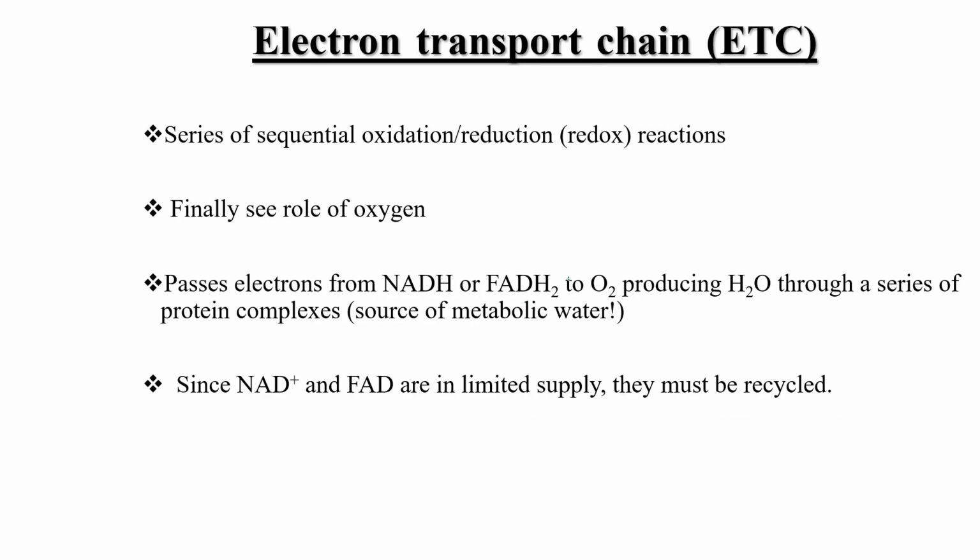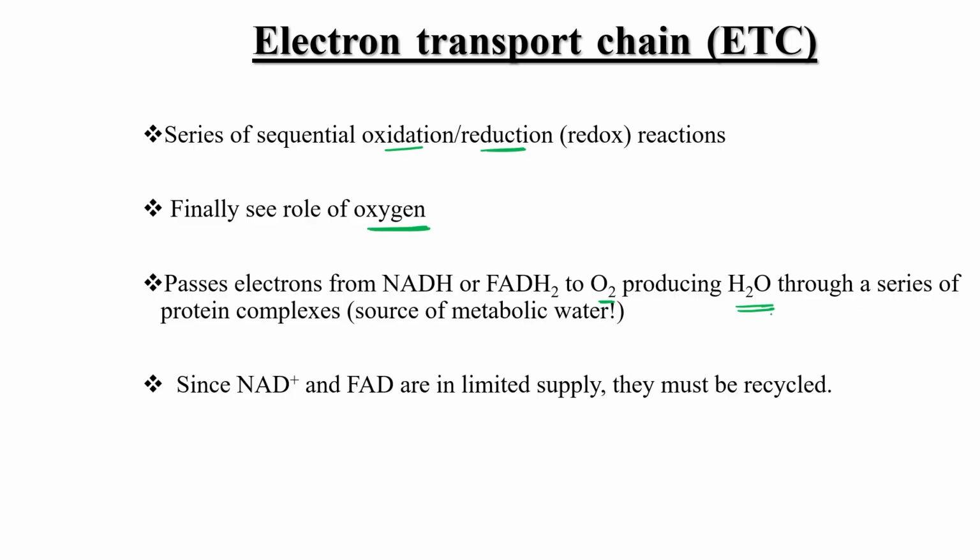There is a series of sequential oxidation and reduction reactions during this electron transport chain, and what is the final acceptor of those electrons? Oxygen acts as the final acceptor. The electrons pass from NADH or FADH2 to oxygen, and after accepting those electrons, oxygen is mainly responsible for producing water through a series of protein complexes.